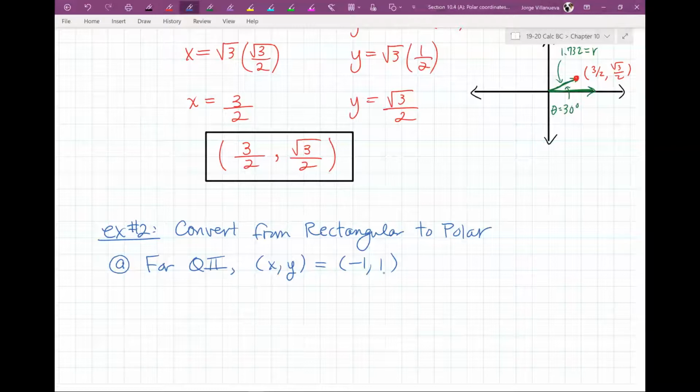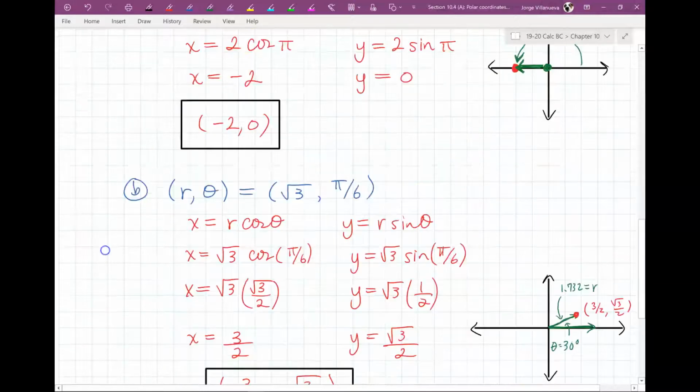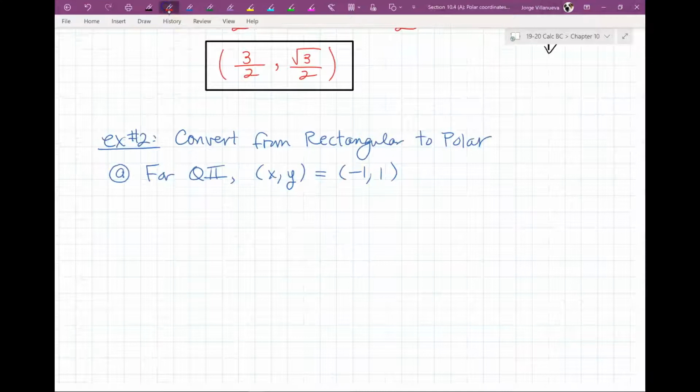Okay, so they mentioned the quadrant, and it's kind of important right now when we start doing the work. Notice how they gave me an xy, and from the 3 equations we had, x equals r cosine theta, y equals r sine theta, and tangent theta equals y over x, right? Tangent of theta is used a lot to do conversion from rectangular to polar because it contains the x and the y that normally you're given.